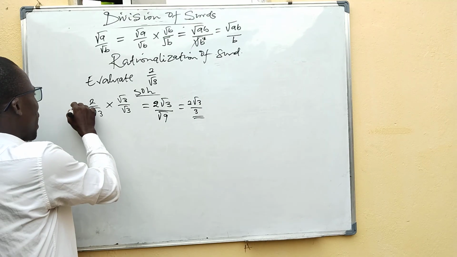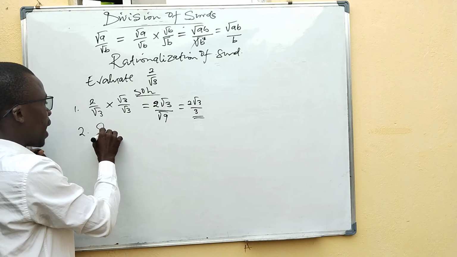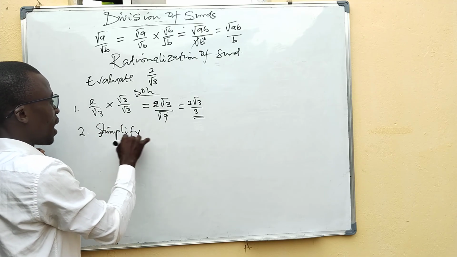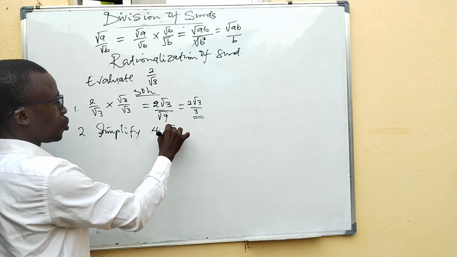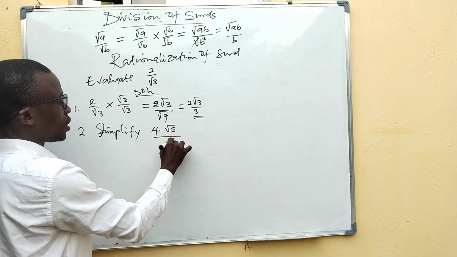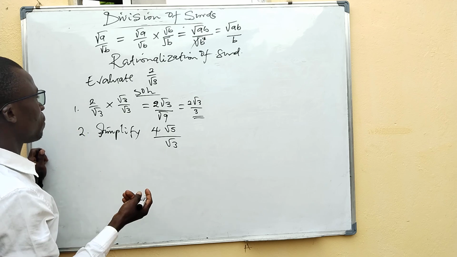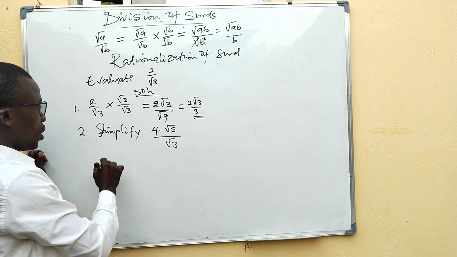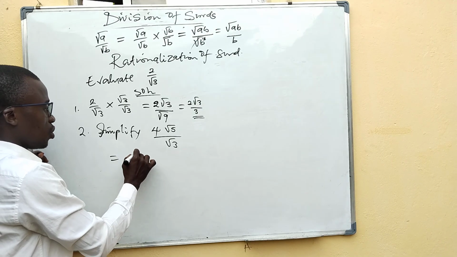Now, another example. What if I have, simplify, 4 root 5 all over root 3? Okay, 4 root 5 over root 3. You see, the question has changed. Now, what we do here is still the same thing. We are going to say solution to this.